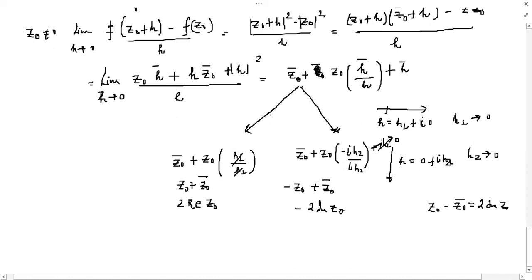So clearly, two different paths lead to two different limits. Therefore, f(z) equal to modulus of z whole square is differentiable only at a single point, that is z equal to 0.